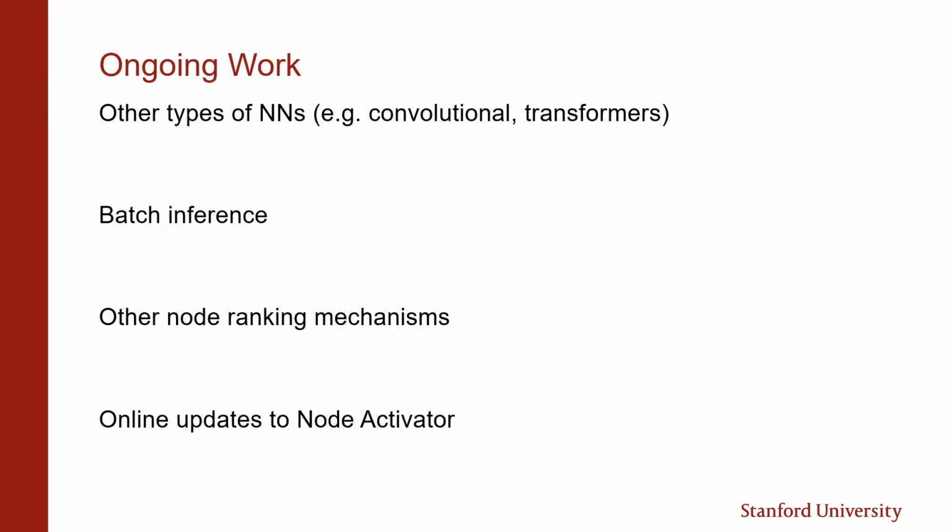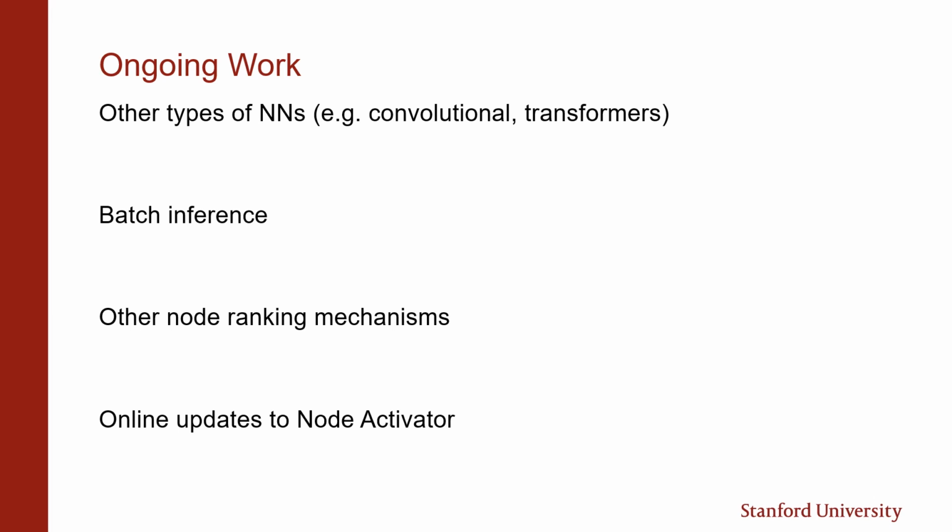So now let me briefly describe some of the ongoing research directions we plan to pursue. Thus far, we've only experimented with multi-layer perceptron neural networks, and we plan to evaluate our technique on other types of neural networks, such as convolutional neural networks and transformers.